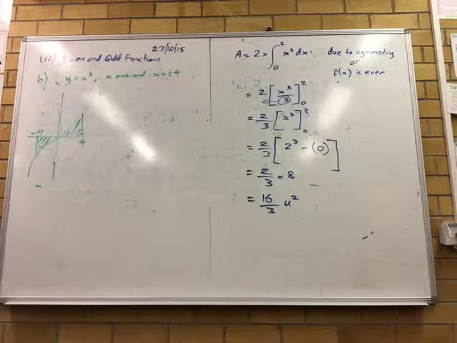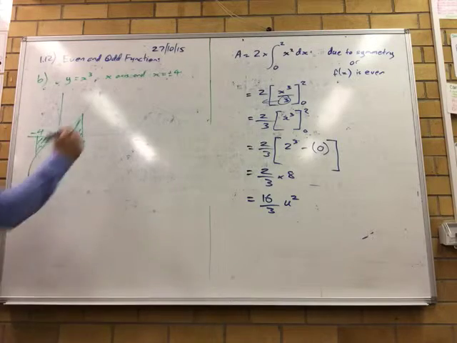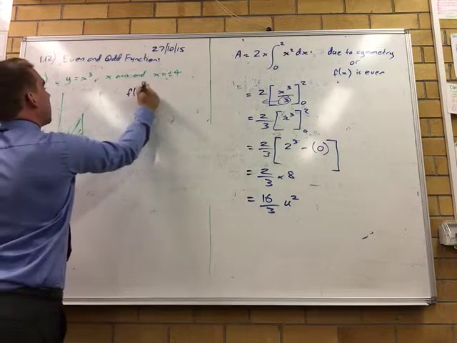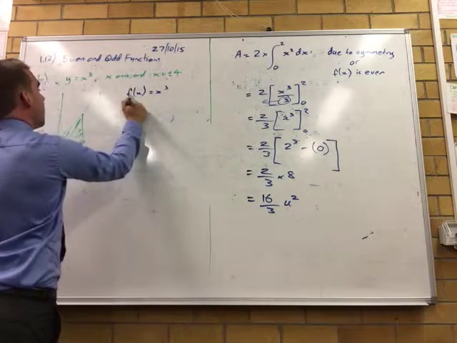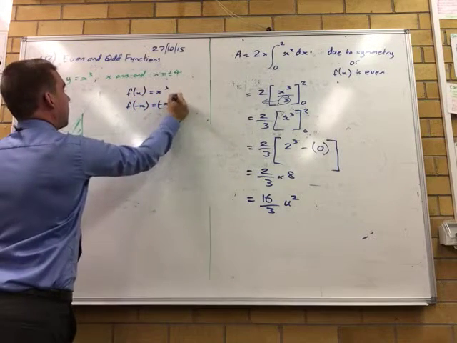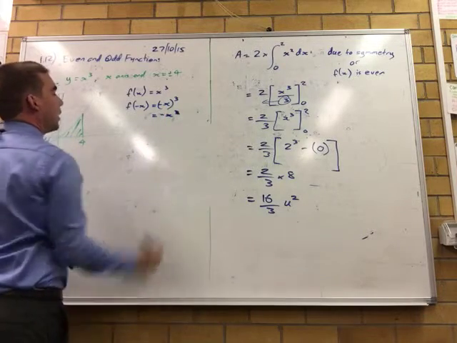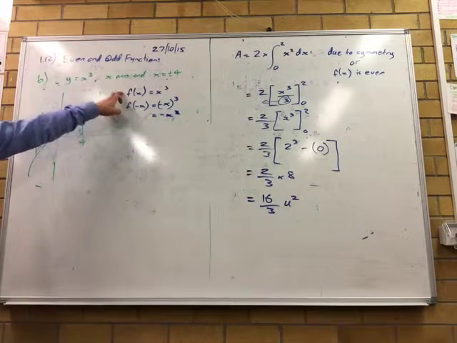Odd, we have symmetry for your x cubed, and the symmetry is above and below when you rotate it 180 degrees. So f of x is x cubed, f of negative x is negative x cubed. Now it's not equal to f of x, therefore it is not even.